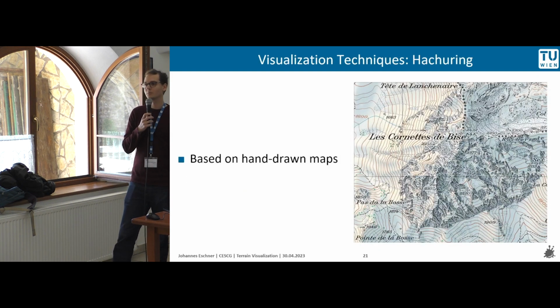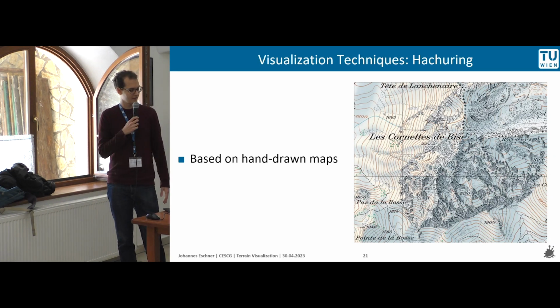And then one idea which I didn't actually implement, but which I really want to implement in the future for the avalanche risk visualization, is this hashuring or hatching, it's called. It's basically based on the way hand-drawn maps were representing terrain steepness and terrain shapes on, of course, 2D maps because they were hand-drawn. They were just paper maps.